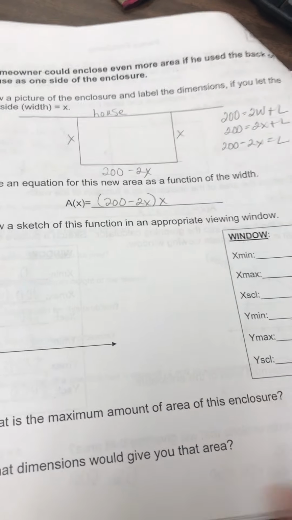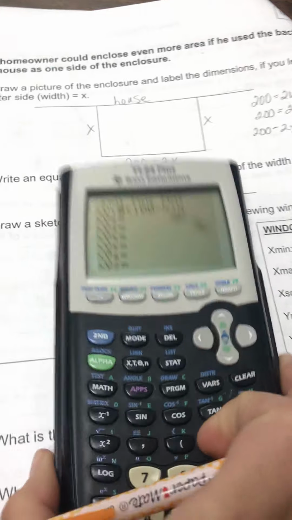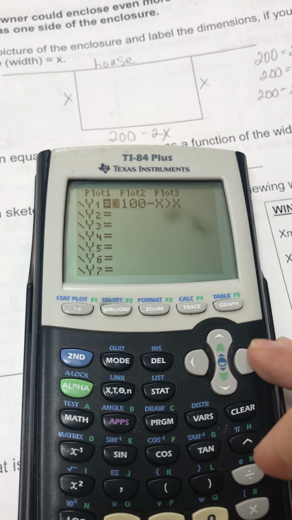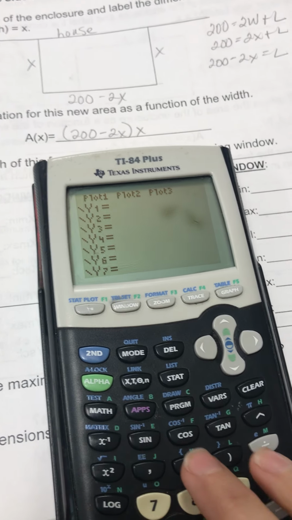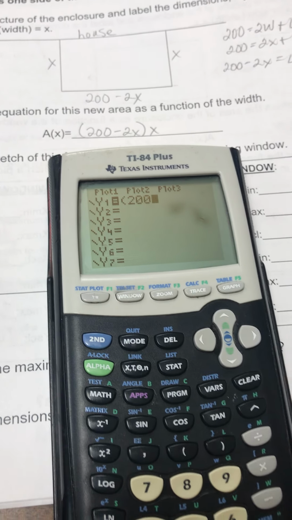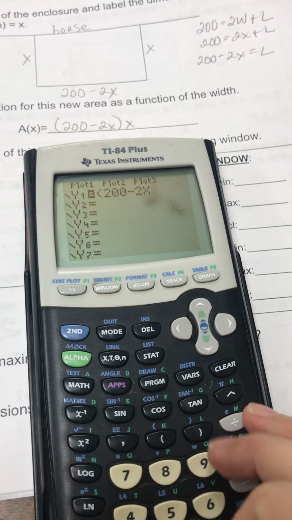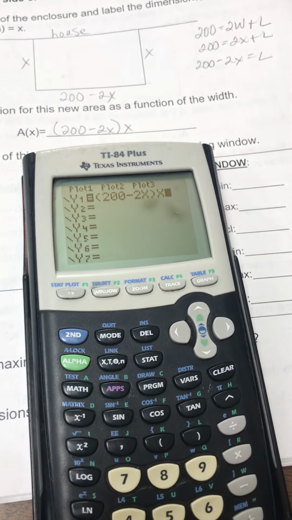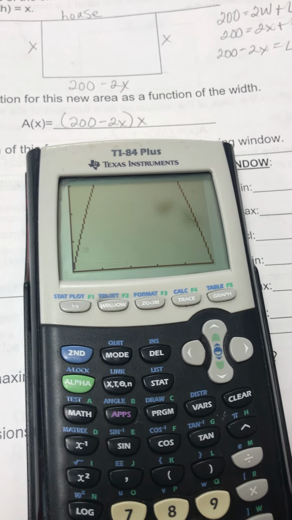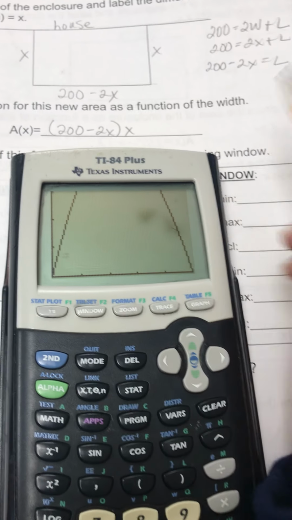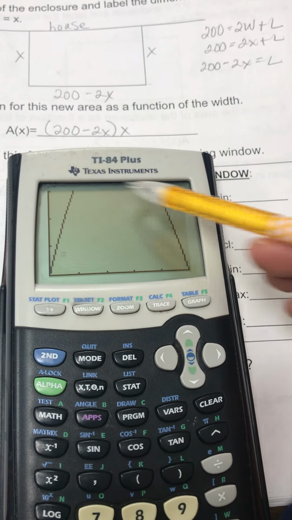So now you're going to need to adjust your screen, and you're going to need to type your equation in. So you're going to go to y equals, and you're going to type in this equation that we just got right here for your area. So parentheses, 200 minus 2X in parentheses times X. All right, so I still have my scale on here from before, and you can tell that the 100 worked because look, it's going up and down right here, but it needs to go higher.